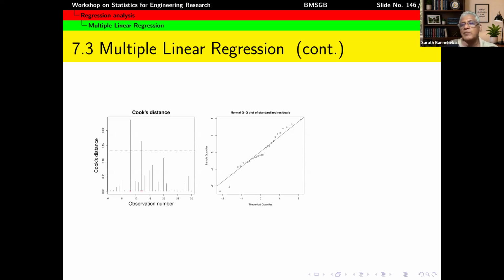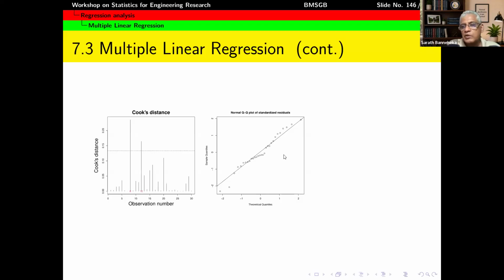If the normality assumption of errors is reasonable, then residuals should be normally distributed, and therefore standardized residuals should be standard normal. So the sample quantiles from the observations and the theoretical quantiles of a standard normal distribution should be approximately the same. Just to see whether they are approximately the same, we have drawn the reference line with a slope of 45 degrees.